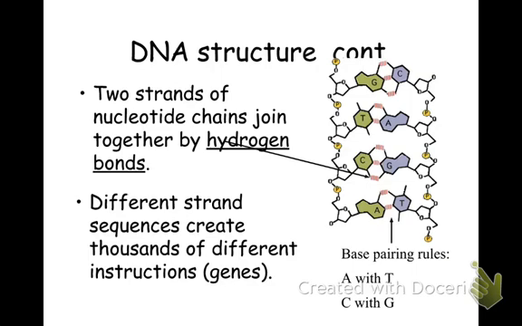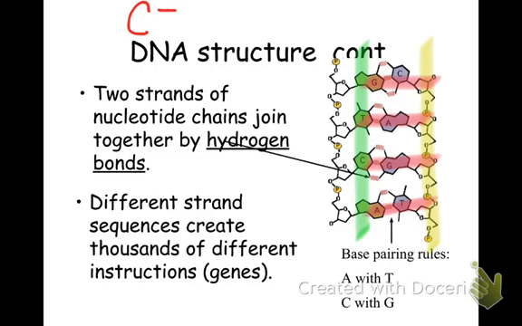So we have our one side here, and then we have our other side. Here's the other side. And then you have the rungs in the middle here, giving our ladder. The two strands are held together by hydrogen bonds.